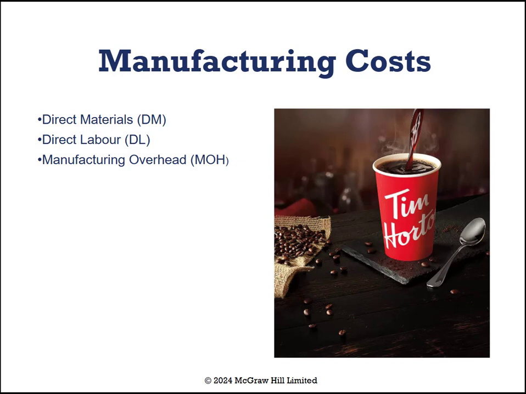Now, same thing with direct labor. Direct labor consists of labor costs that can be easily traced to the individual units of product. Okay, so what is easily traced? Well, I would say if you have one person on a coffee station and another person on the sandwich station, then you could probably add up all the cups of coffee that were poured and look at the number of hours and the wages paid to that coffee person pouring, and do the same for the sandwiches.